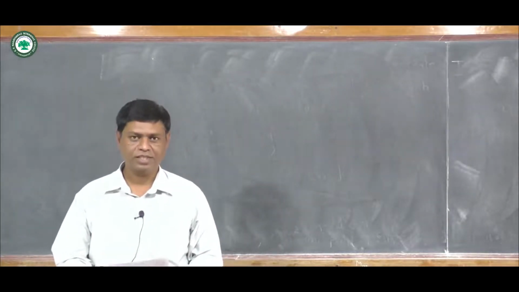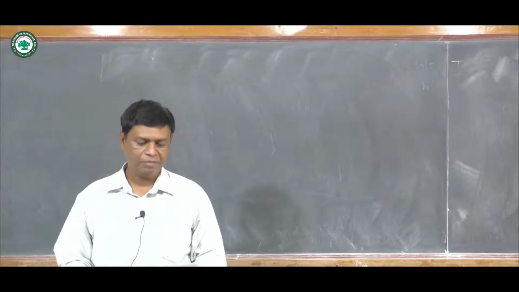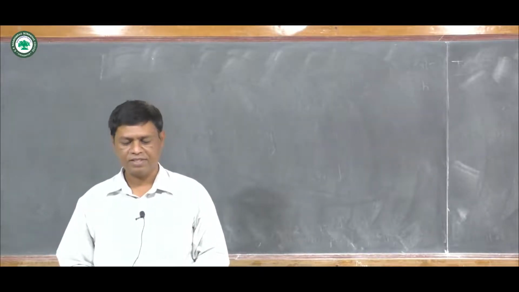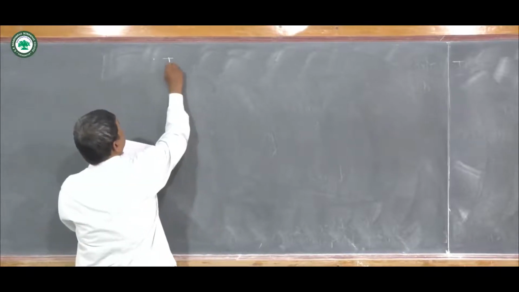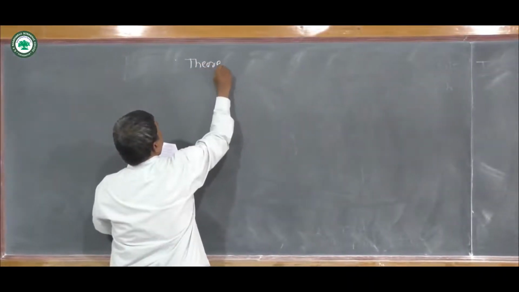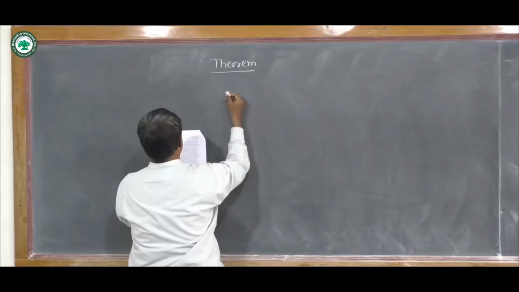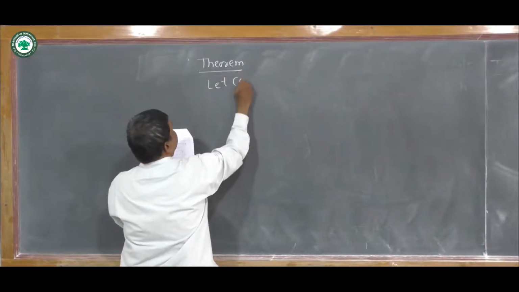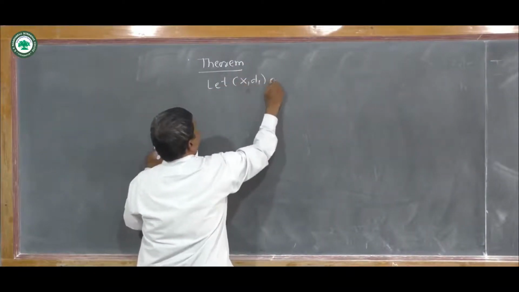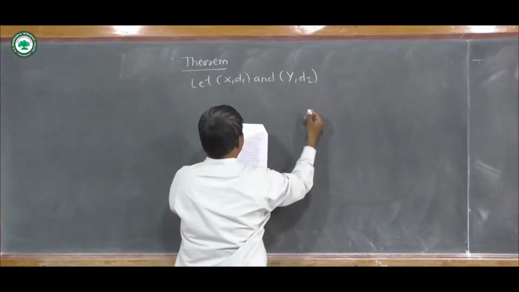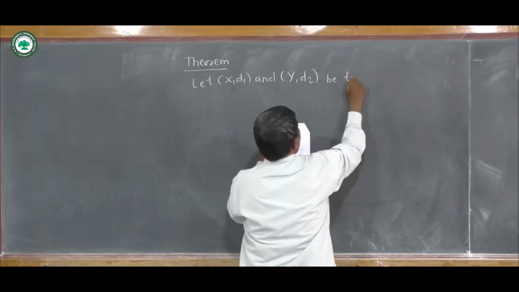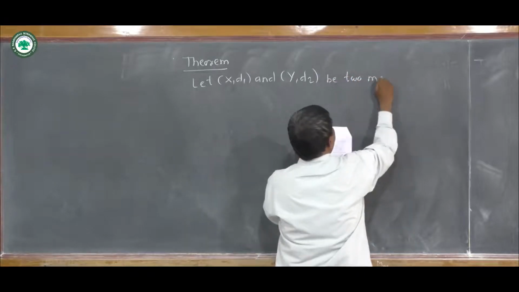Now we are going to see one theorem on convergent sequences in the product metric space. Now the statement of the theorem is this. Theorem: let (X, d1) and (Y, d2) be two metric spaces.